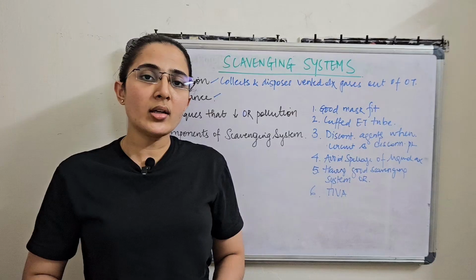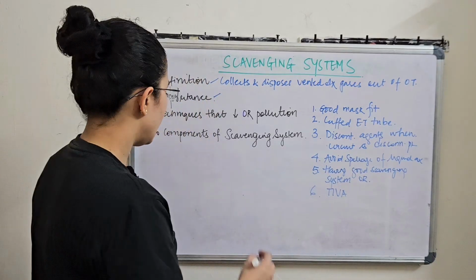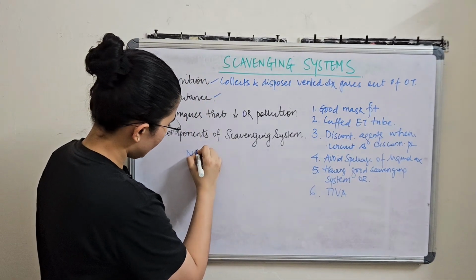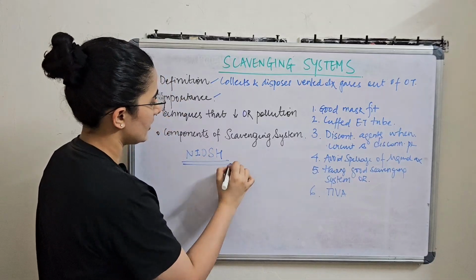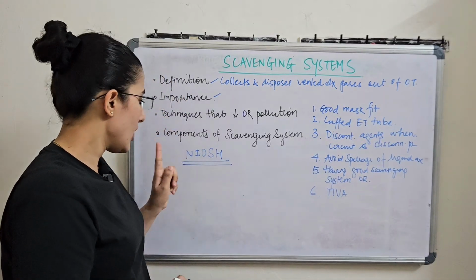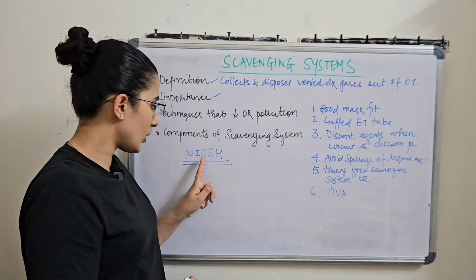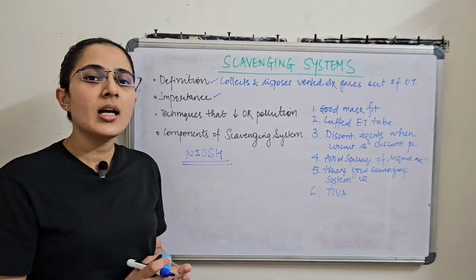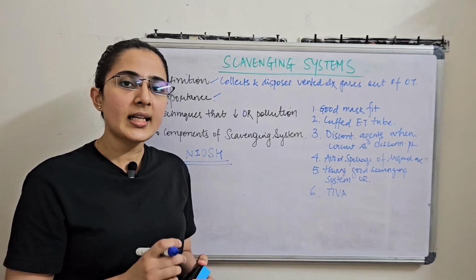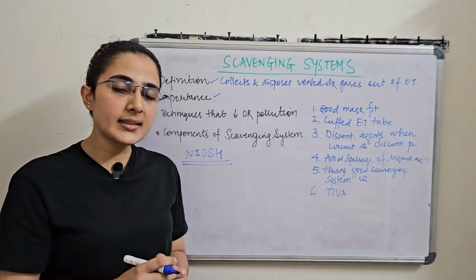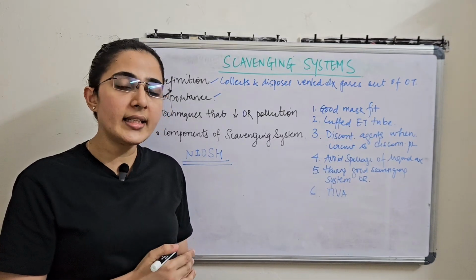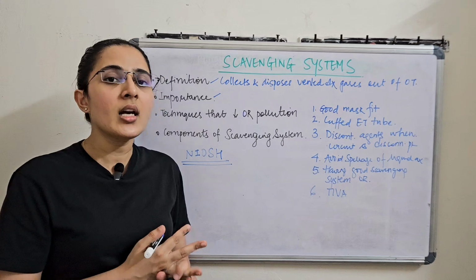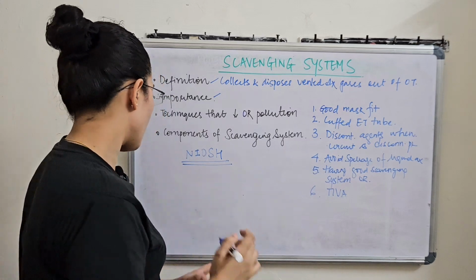So next, one of the important guidelines is from the National Institute of Occupational Safety and Health, called NIOSH. They have given the time weighted average in parts per million of the anesthetic gases, that is halogenated agents and nitrous, which is allowed for exposure.